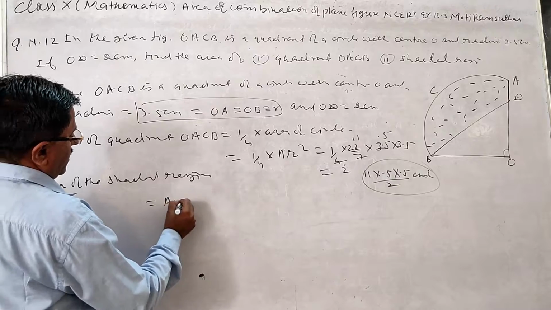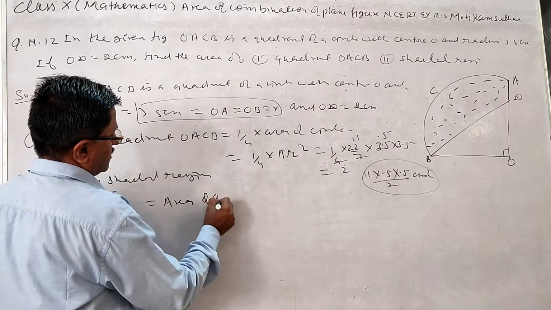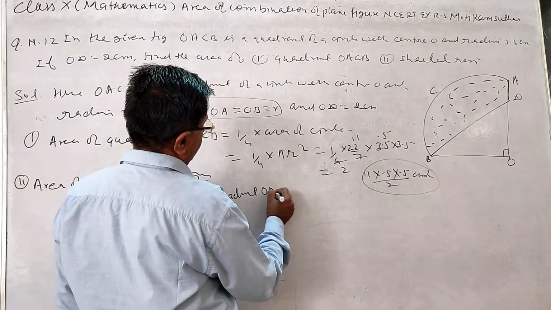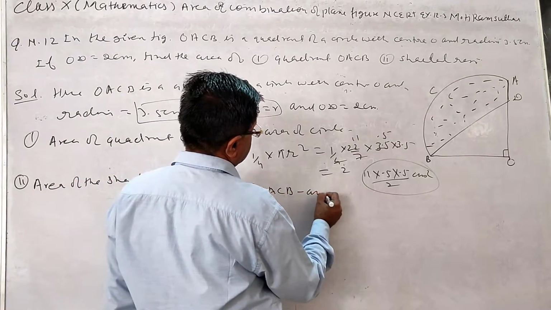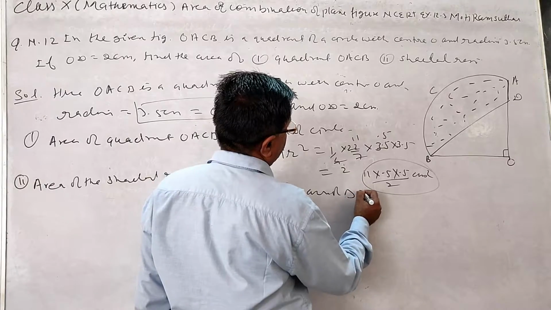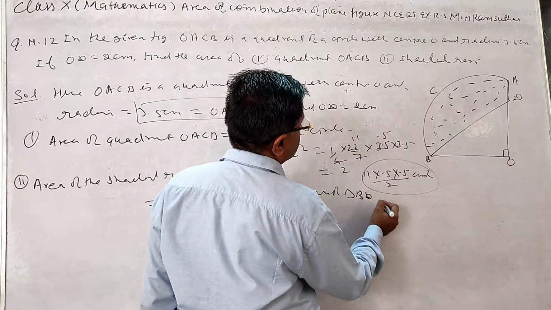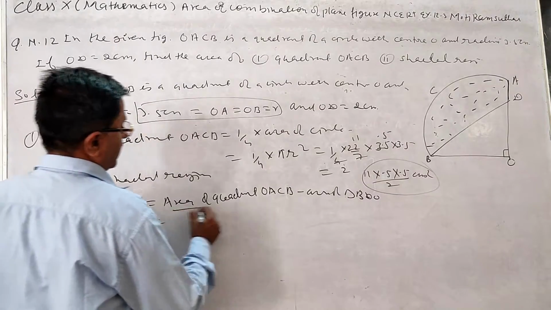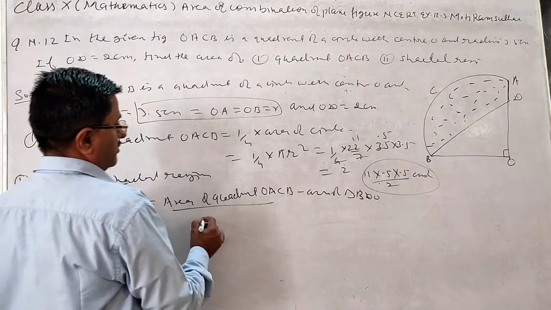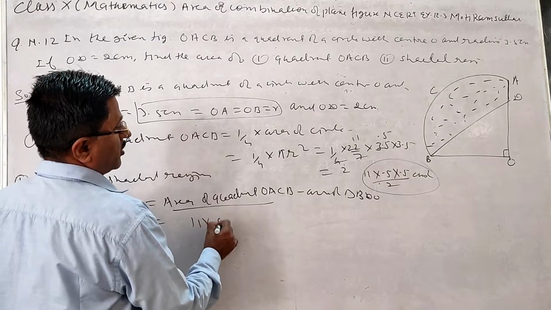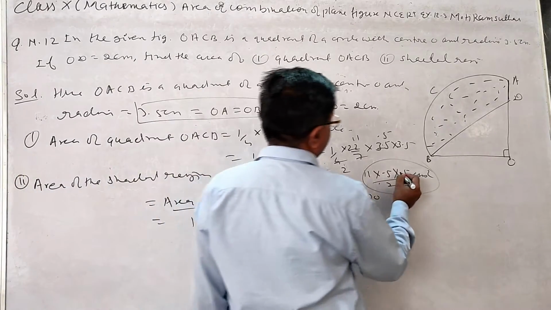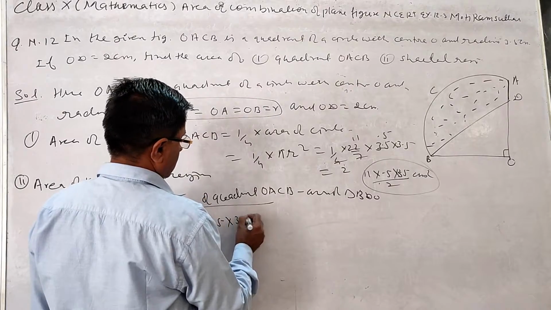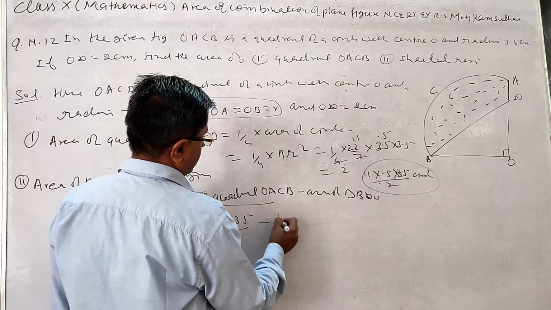So area of quadrant OACB minus area of triangle PDO. So area of the quadrant, that we already found this value. So 11 into 0.5 into 3.5 by 2 minus area of triangle.